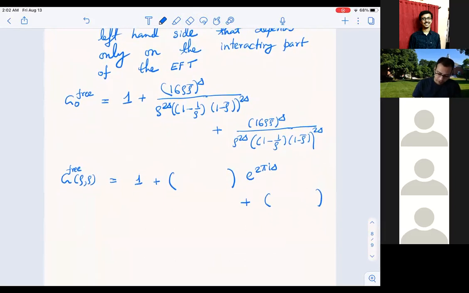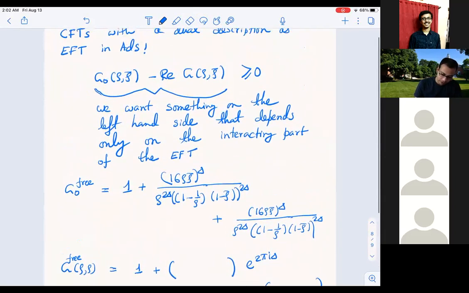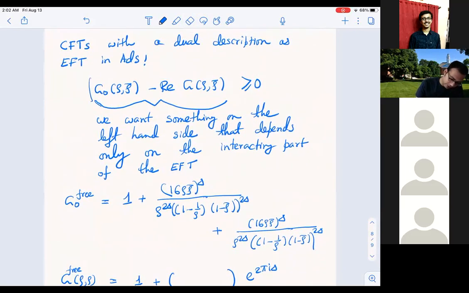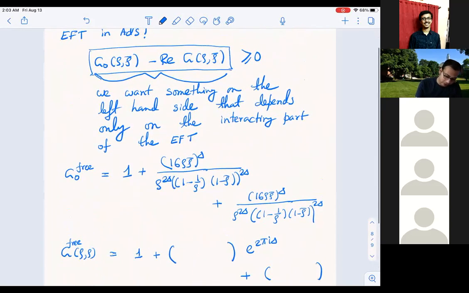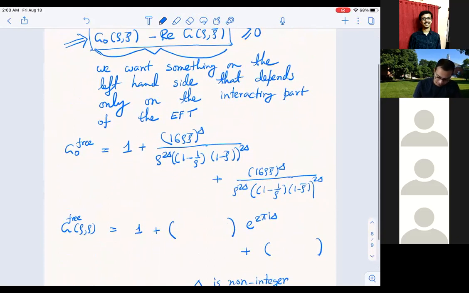Now if you look at the difference, if you compute this quantity over here, even for the free case, it's not zero when delta is non-integer. In general, when delta is non-integer, this quantity is still non-zero because of this phase factor.